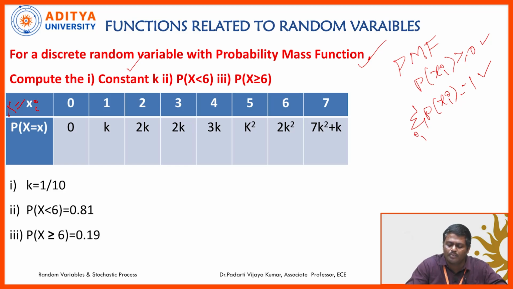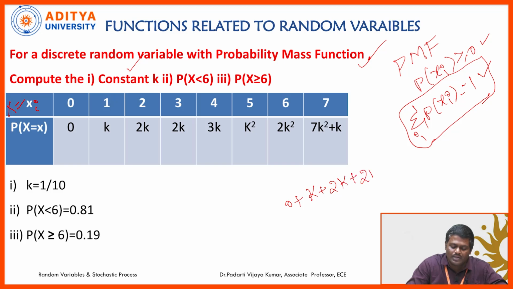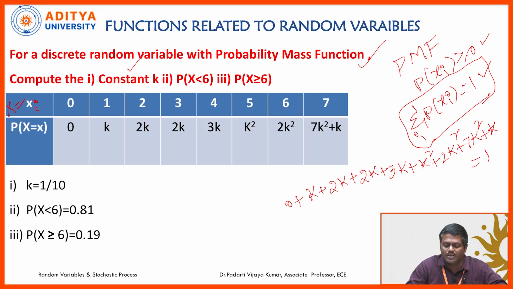So we will use this property: the sum of all probabilities must be equal to 1. Using this property, 0 plus k plus 2k plus 2k plus 3k plus k square plus 2k square plus 7k square plus k. All these probability values must be equal to 1.